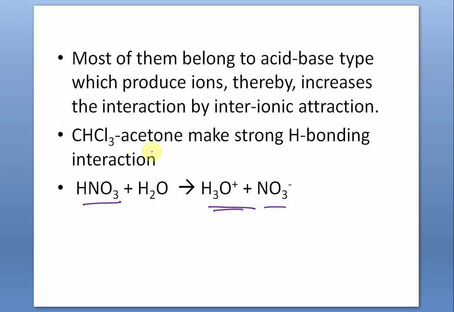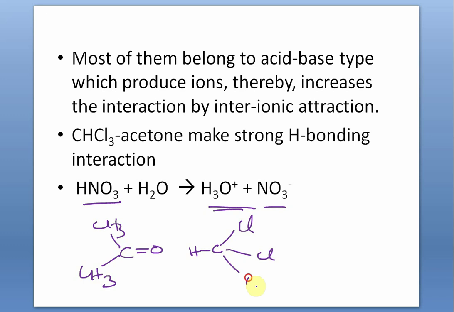And chloroform and acetone, I will just tell you what happens when you add them. This is acetone and this is chloroform. The presence of 3 chlorine atoms is so electron withdrawing that this hydrogen has a partial positive charge. Although the carbon-hydrogen bond is in most situations almost non-polar, in this molecule it is highly polar, with a strong partial positive charge here.